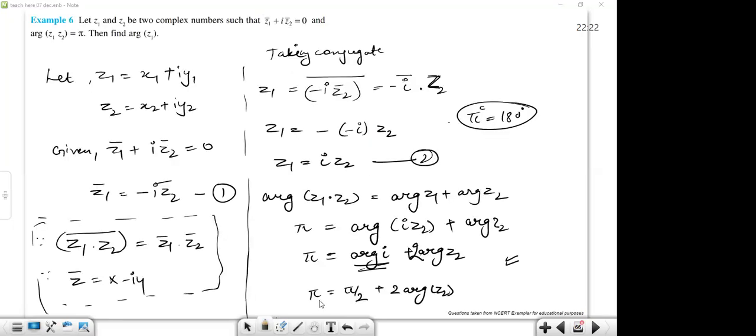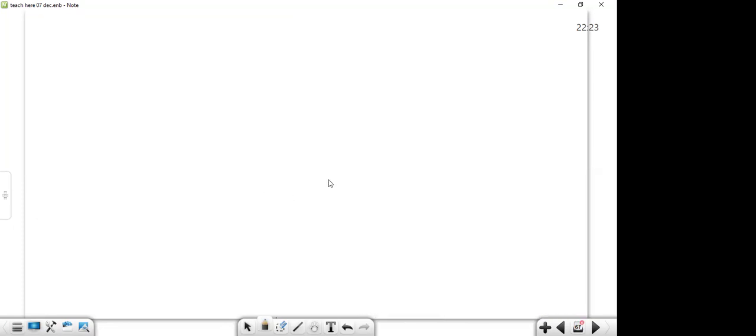So if we subtract pi minus pi by 2, that becomes pi by 2 on the left hand side, equal to 2 into argument of z2. So simply what we have solved till now is pi by 2 equals 2 into argument of z2. If we bring the 2 to the left hand side, the argument of z2 is pi by 4. But we have to find out the argument of z1.